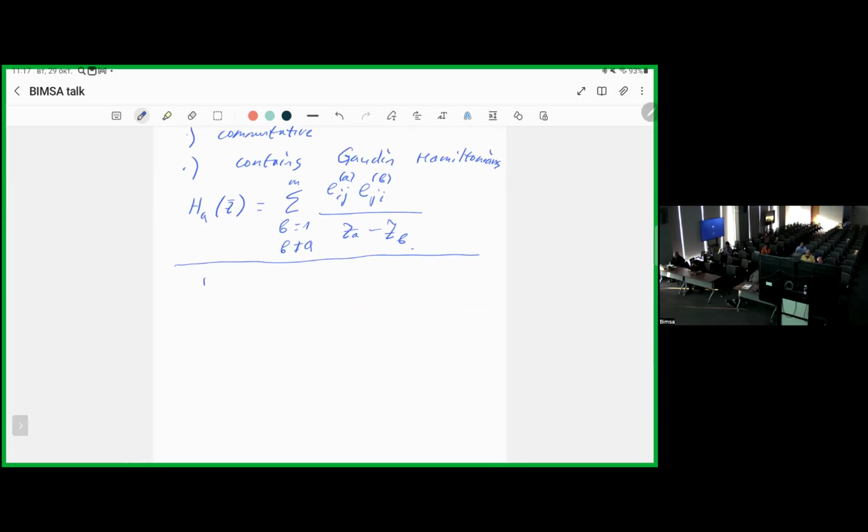So let me consider V lambda. So this is a gln module, irreducible, finite dimensional, of highest weight lambda.